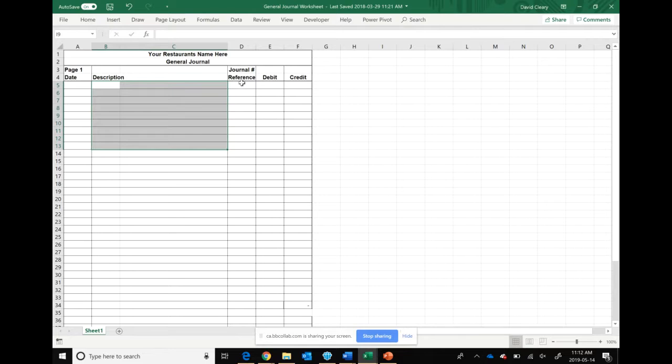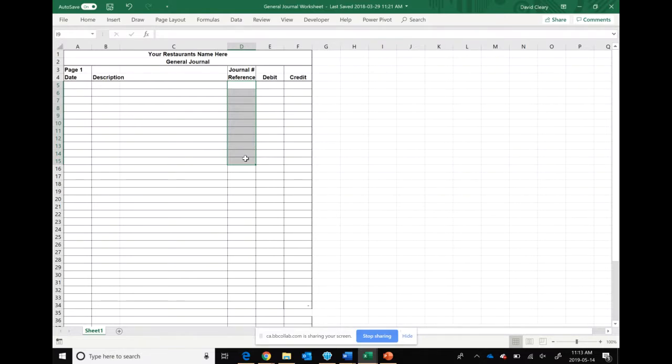The next column is our journal reference number. Here we can include things like purchase order numbers if it's an invoice, sales order numbers if it's a sales slip. If you have no information on any of those things, like an invoice number or sales slip, you can label them 1, 2, 3, 4, 5, 6.